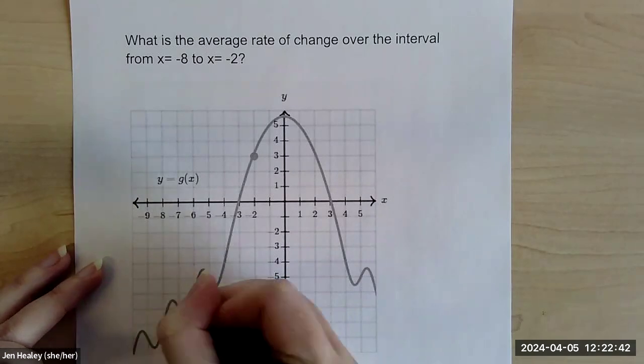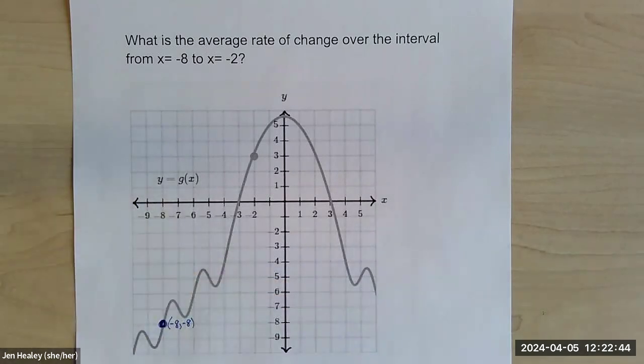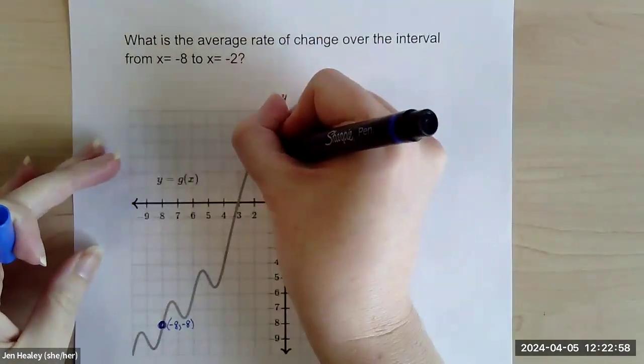There's a point. And then where x is equal to -2, this is x is equal to -2. Where is that hitting on my graph? That's hitting at +3. So -2, comma, +3 is another point on this graph.